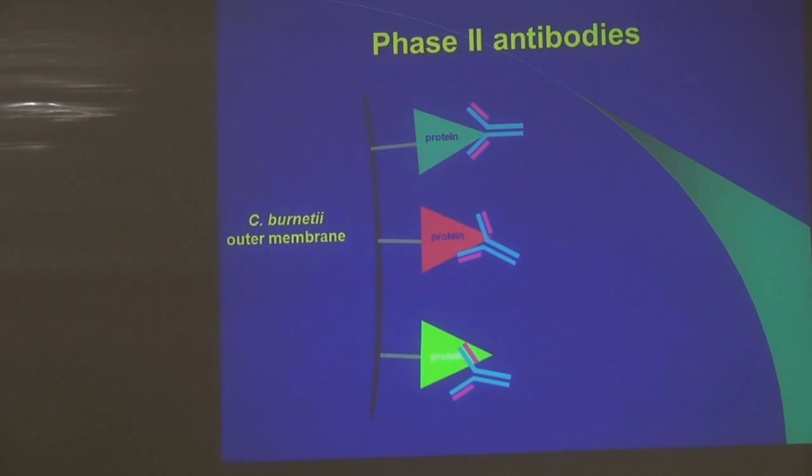But still, in my opinion, a lot of work has to be done to prepare recombinant proteins that could be used in the detection of Q fever, because some of these natural proteins were immunoreactive, but when made as recombinant proteins they lost their immunogenicity.